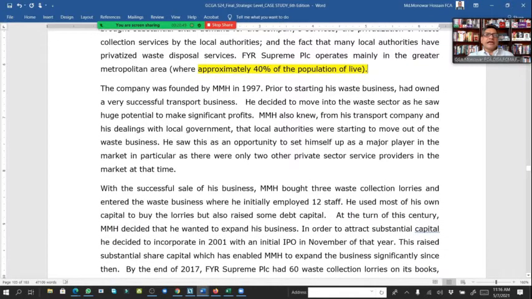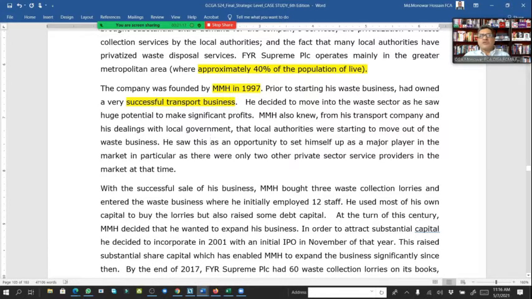The company was founded by MMEs in 1997. Prior to starting the waste business, he had owned a very successful transport business. So the owner of that waste management company has a proven record of a previous successful transport business, and now started another company, a waste management company.